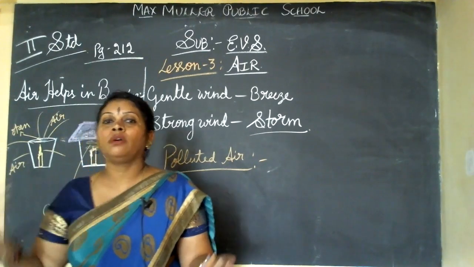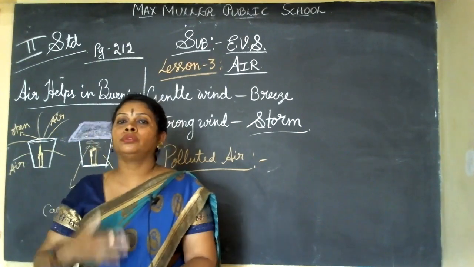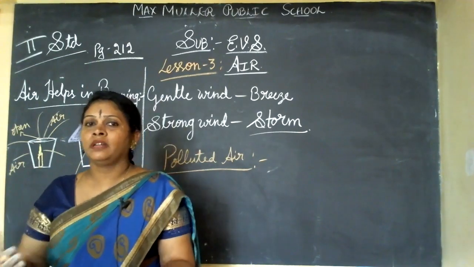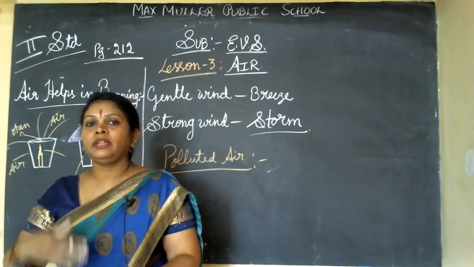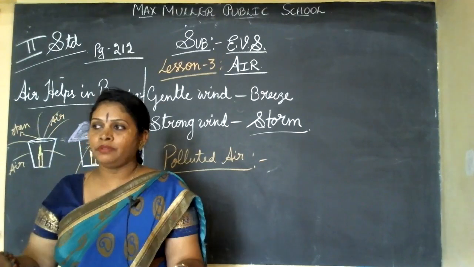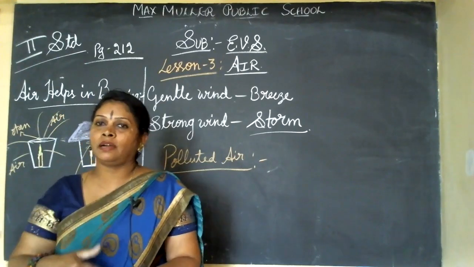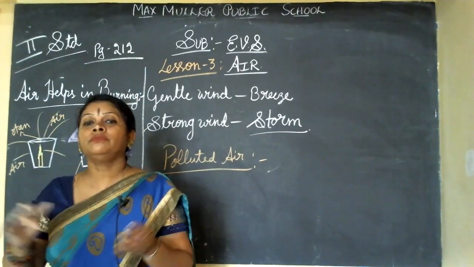It should clean the house also. If you close everywhere, whatever you breathe, the same air will keep circulating inside. If you open the windows, the fresh outside air will come inside and your house will become fresh.